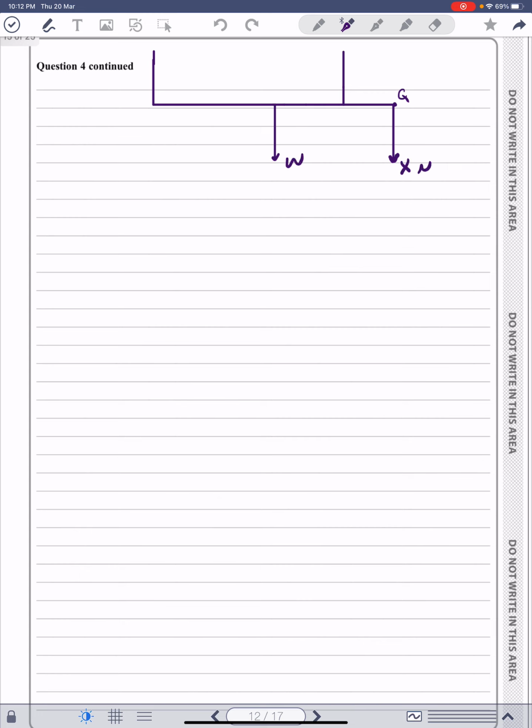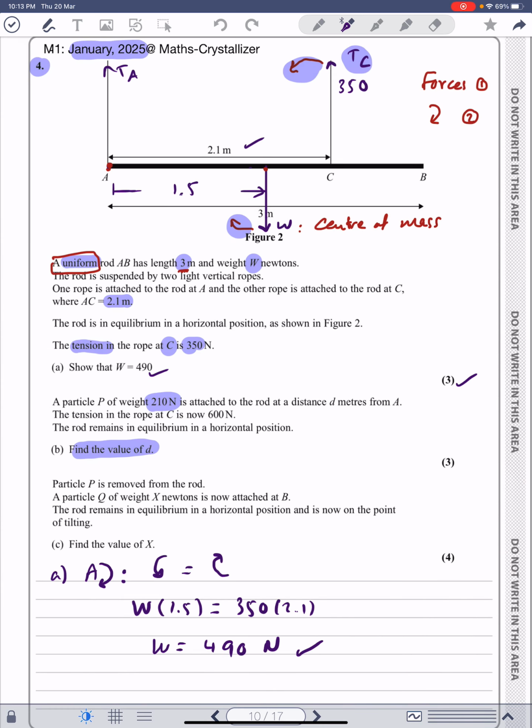This is W as it is, which is 1.5 meters from A, and the tension stays as it is. The rod remains in equilibrium in horizontal position and now on the point of tilting. Find X.